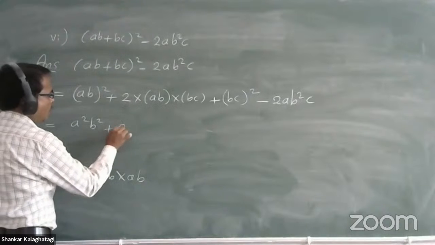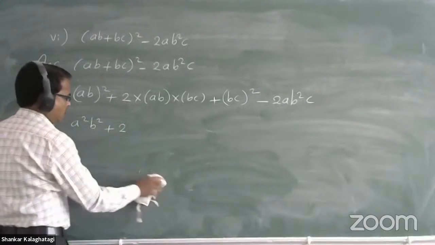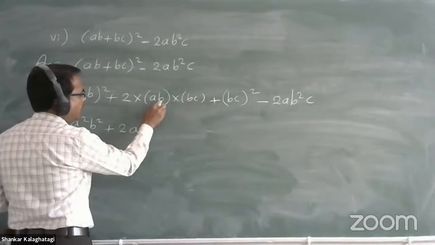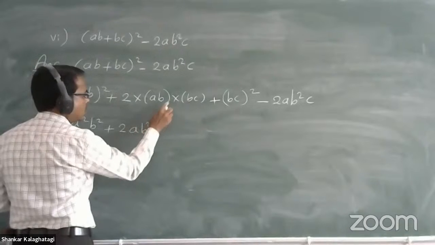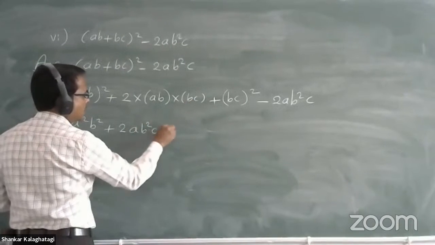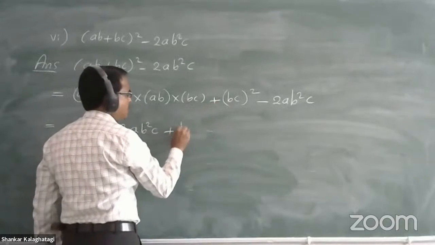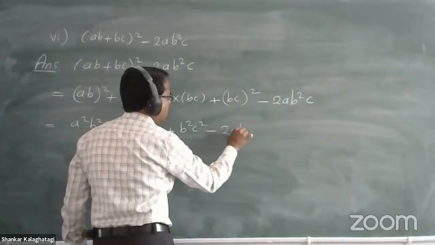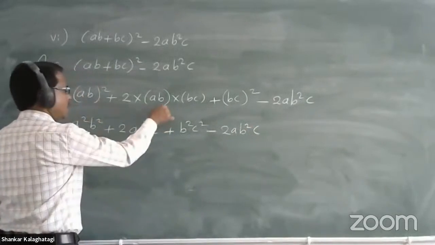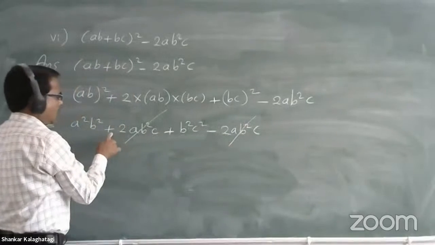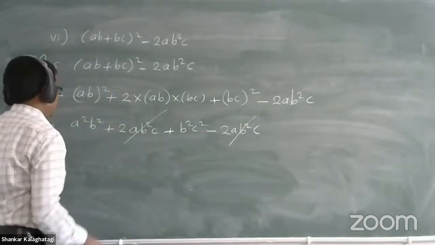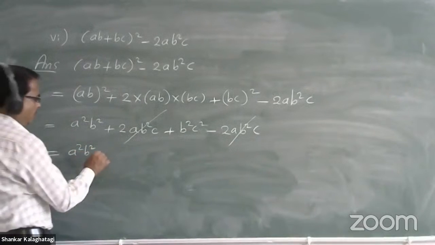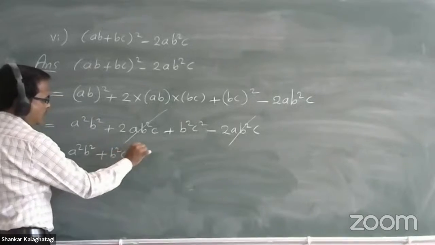Plus 2 times AB times BC, giving 2AB²C, plus (BC)² is B²C², minus 2AB²C. This term is the same; here plus is there, here minus, so it cancels. So the remaining terms are A²B² plus B²C².